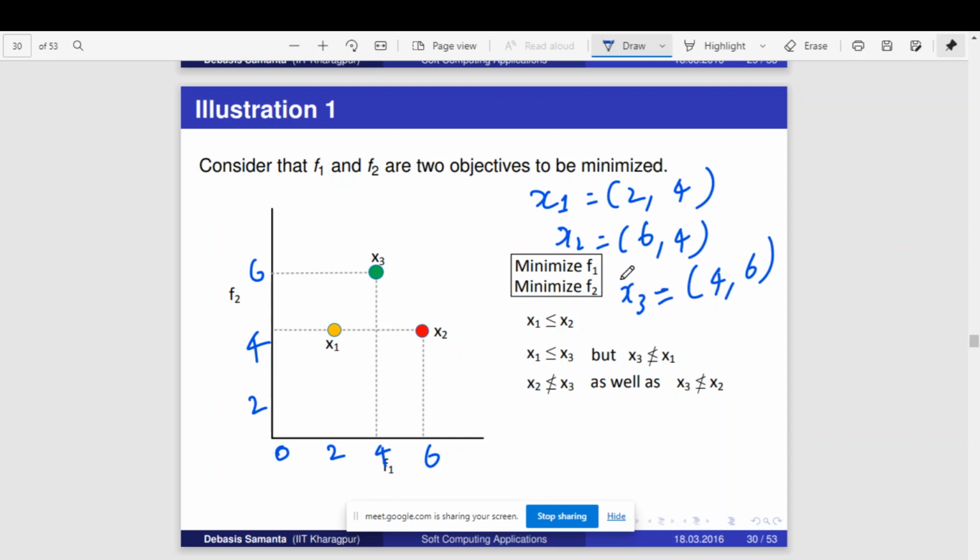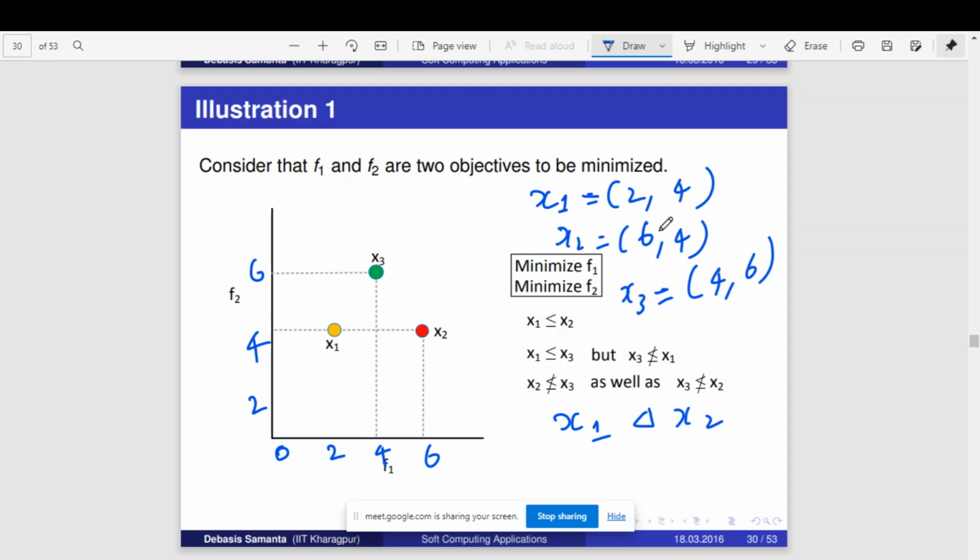Okay, so it is minimization. We want to minimize, right? Okay, so can you say that x1 dominates x2? Objective is to minimize. So can you say that x1 dominates x2? See this alone.